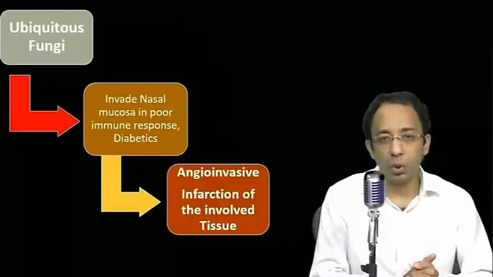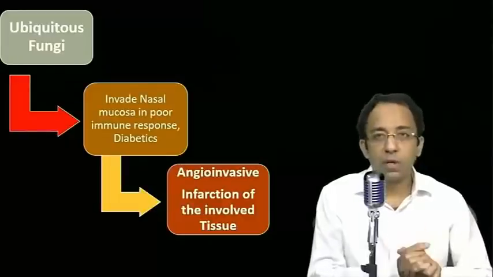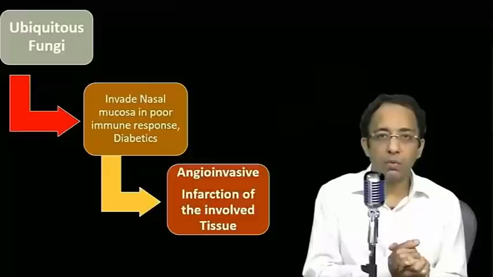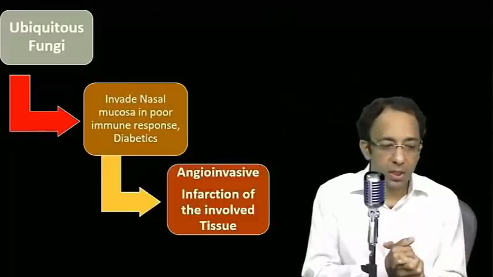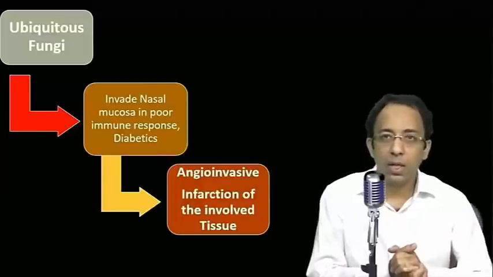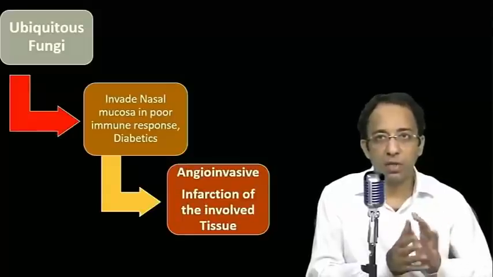I'm sure you all know by now that mucor is one of the ubiquitous fungi, and in immunocompromised people, diabetics, or people who are on steroids, these fungal spores can invade the nasal mucosa, and it has an angioinvasive nature, so it leads to infarction of the involved tissue.